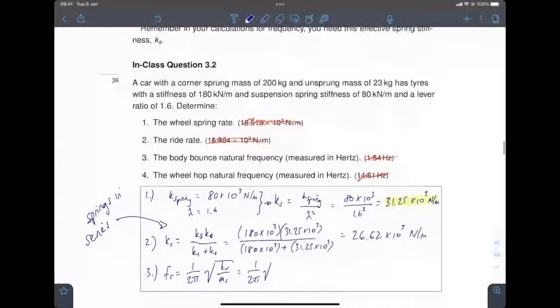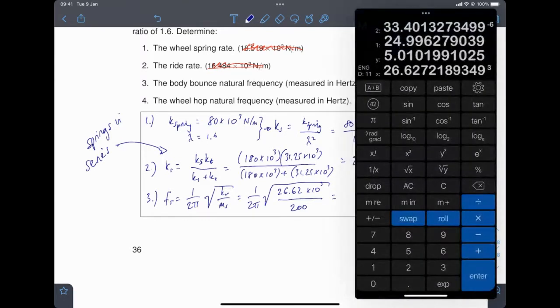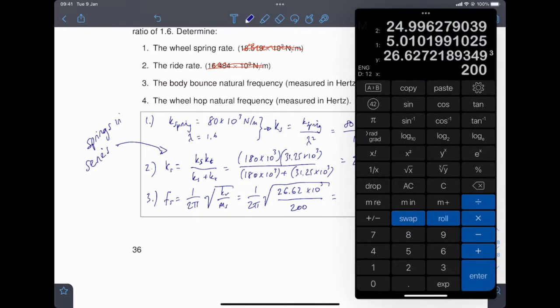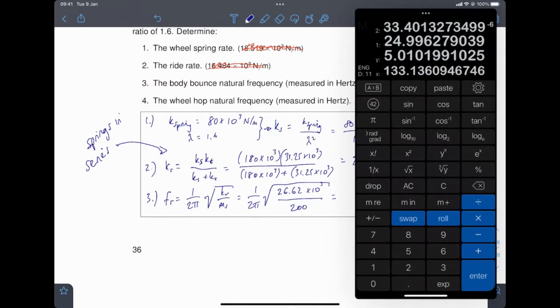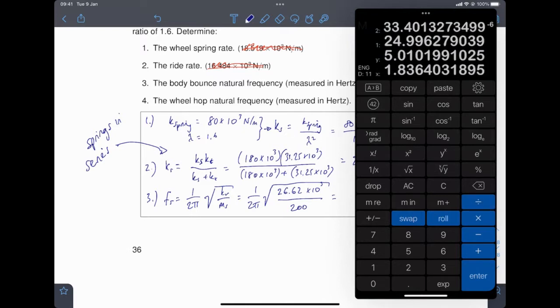So we take our rate, divide by 200, square root it, and divide by 2 pi. 1.836, so 1.84.